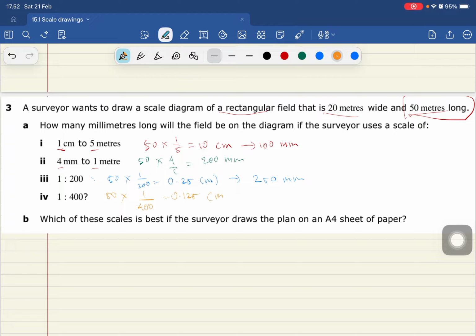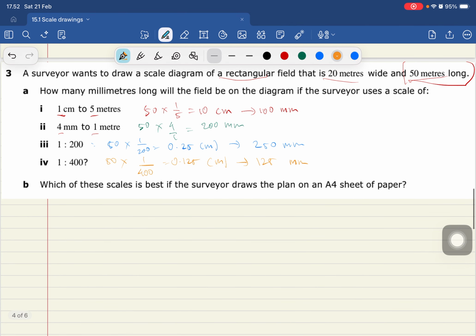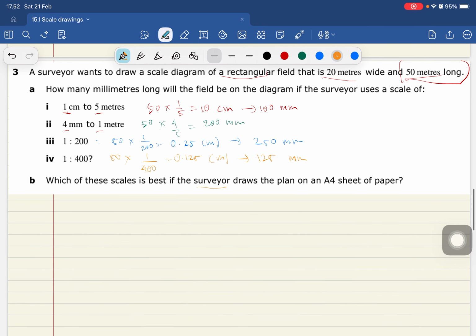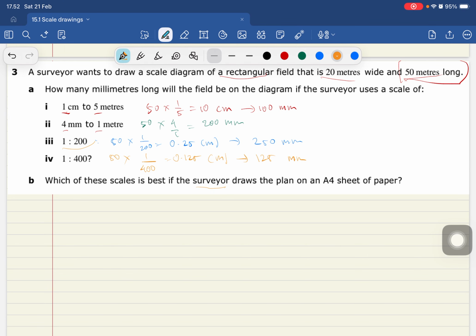This is in meters, so we convert to millimeter, and it's going to be 125 millimeter. Okay, which of these scales is best? If the surveyor draws a plan on an A4 sheet of paper, the best one is 1 to 200, because the length is 250 millimeter.